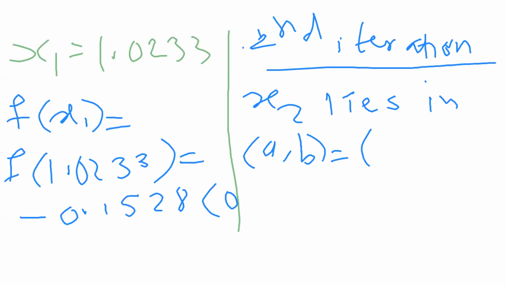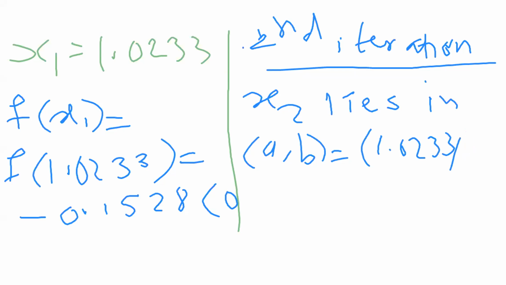Is everyone following? So tell me, what will be the interval for x2? What is the value of a? 1.0233, comma b. What is the value of b already? 2, as it is. That 2 will not change.